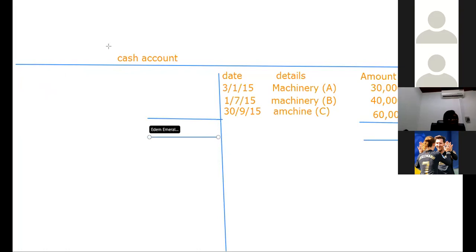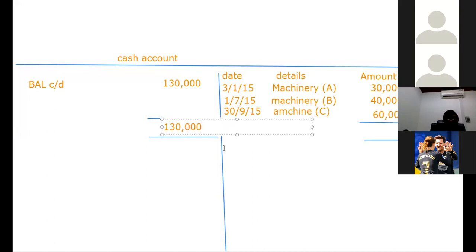So go back and make sure that you have all the balances carried down in a very systematic way. If you don't do it in a systematic way, you will get confused. So you have 130 here, 130 here.